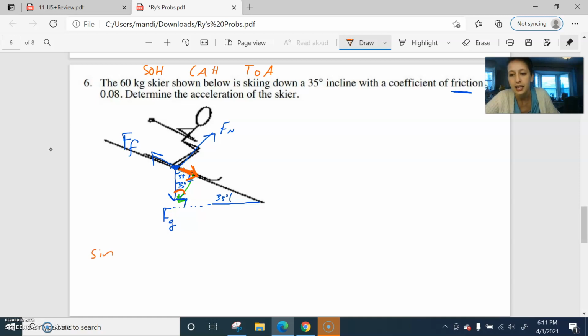So the sine of any angle is opposite over hypotenuse. So the sine of 35 degrees in particular equals opposite. So what's opposite that angle? Well, that's the force of gravity in the x direction.